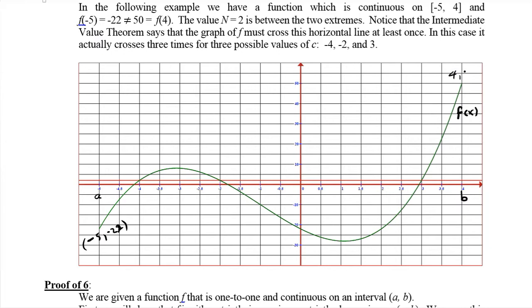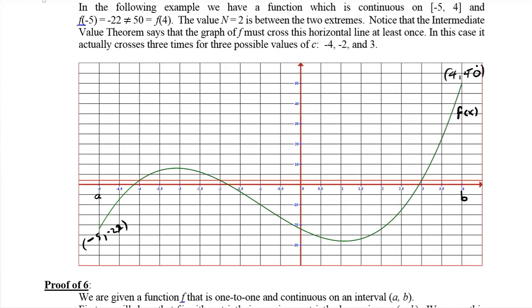So there's just a point 4, 50 here. Okay, and so we see those are different y values. Now we can pick any value that's between f of a and f of b, that is between -22 and 50, and we could draw a horizontal line.